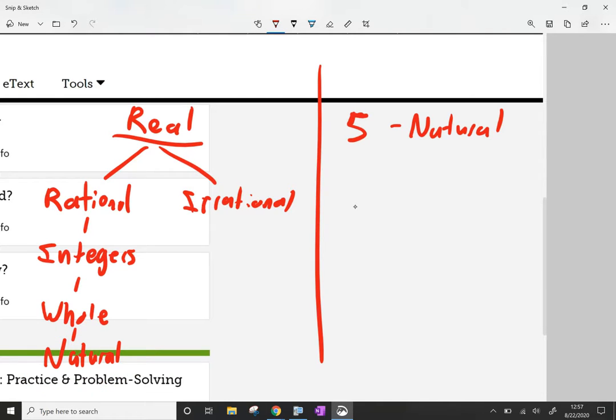Which means it's also a whole number because all natural numbers are part of the whole number group, right? Because whole numbers are 0, 1, 2, 3, 4, 5. So it's natural. It's also whole. Remember, all the whole numbers are integers, right? Integers are -1, -2, -3, but also the positives 1, 2, 3, and 0, right? This is also an integer because remember, all whole numbers are integers.